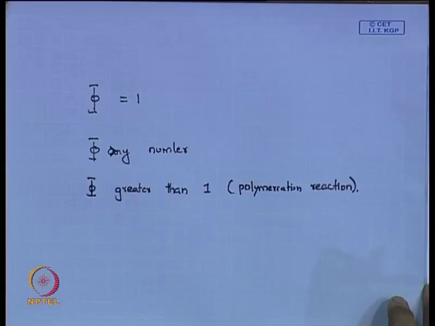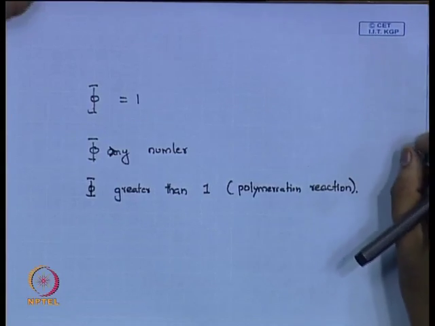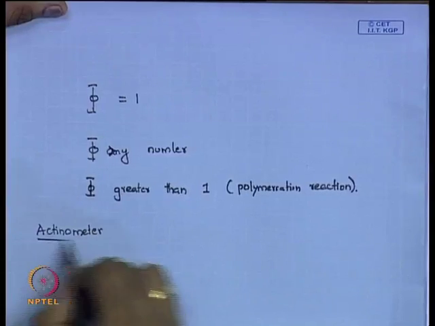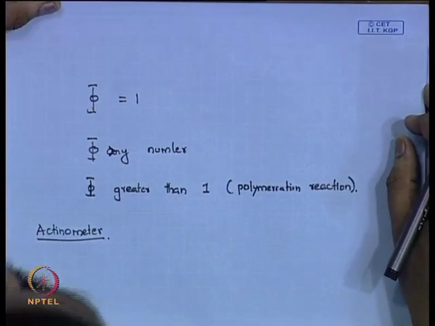Now, one more thing is how to calculate this quantum yield. There are actinometers, which we call, that you can use, or reaction-based actinometers.